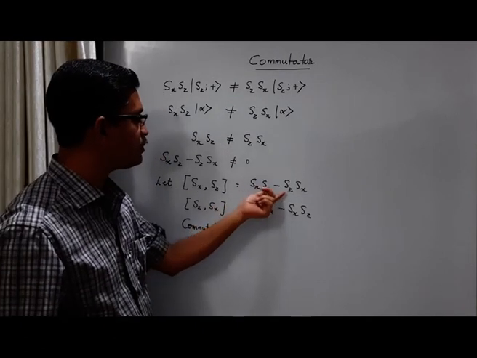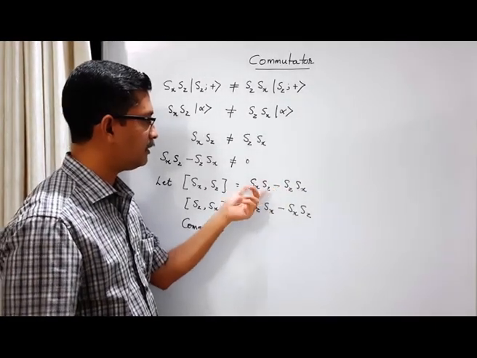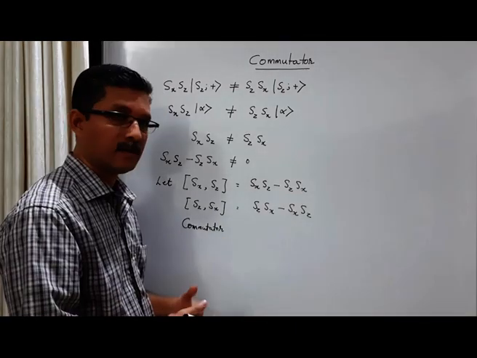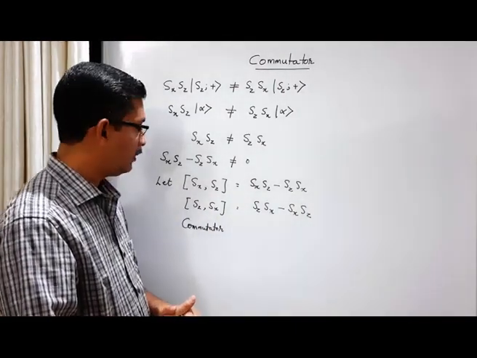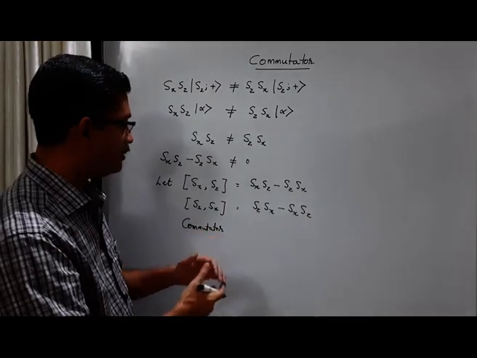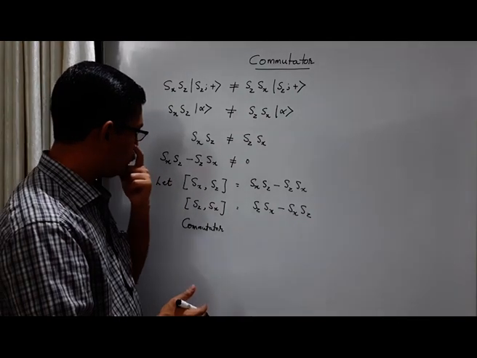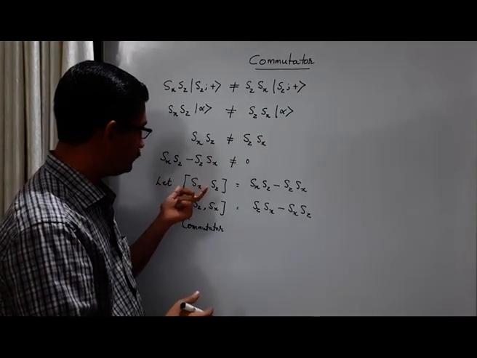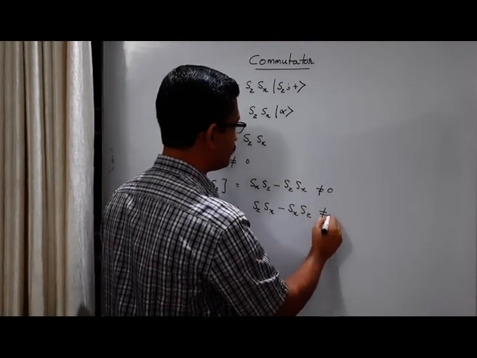That means this difference between the product of the two operators is called a commutator, and this is the shorthand notation for the commutator. Okay, let's talk in general terms. So this shows that this commutator between Sx and Sh is non-zero.